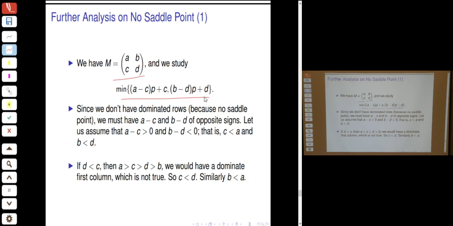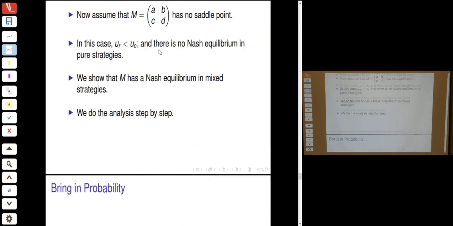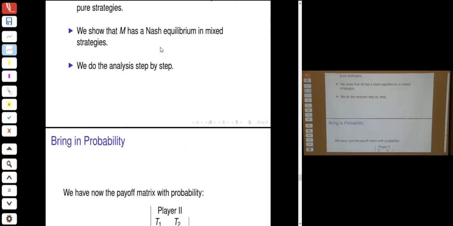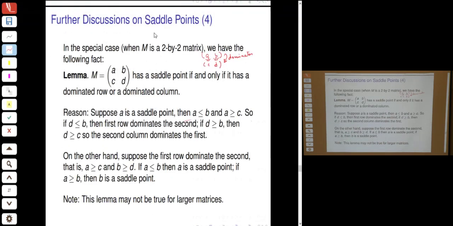The way we use it is to invoke the little result which we discussed a few slides ago: for 2 cross 2 matrices, there is a saddle point if and only if there is a dominated row or a dominated column. Remember, it is if and only if, so it is an equivalence.